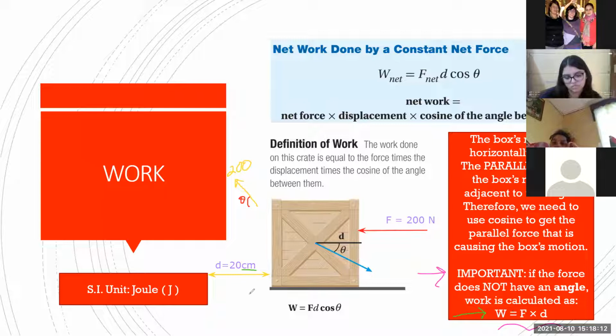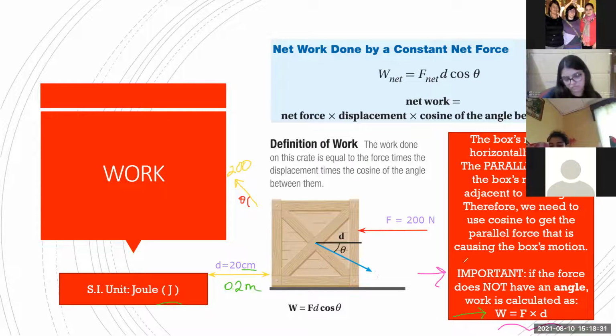The unit in which you measure the work is going to be joules. So these 20 centimeters are going to turn into 0.2 meters when you convert.